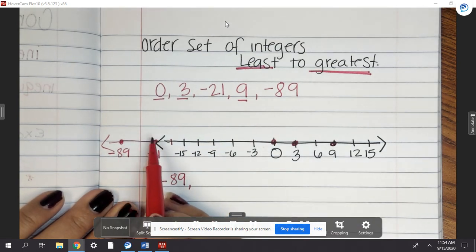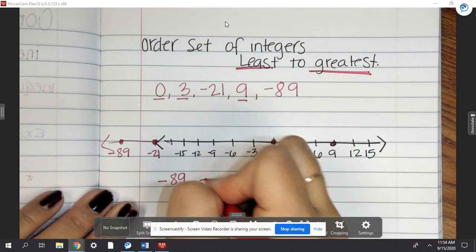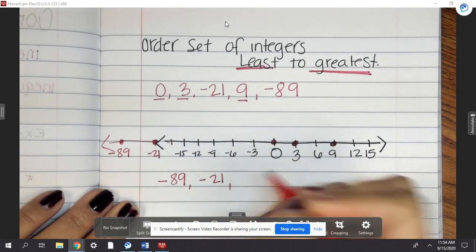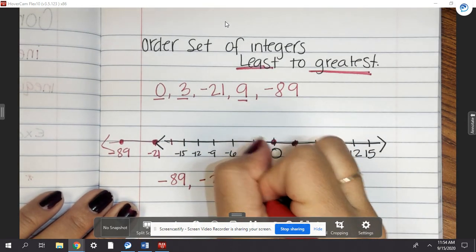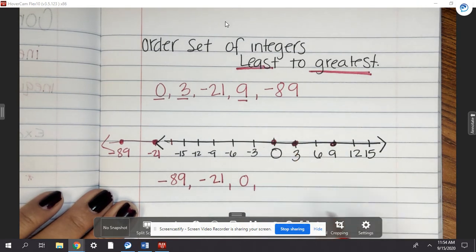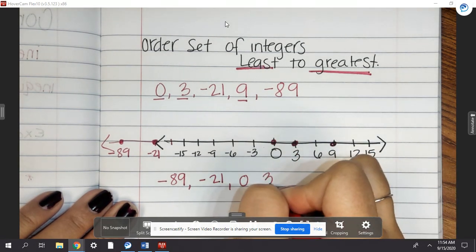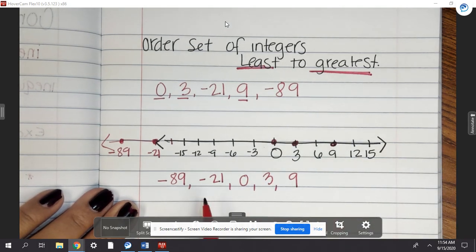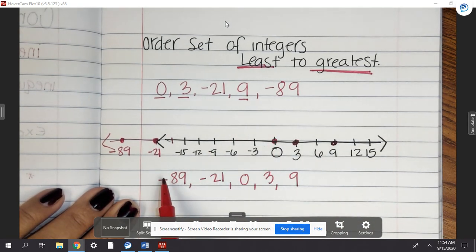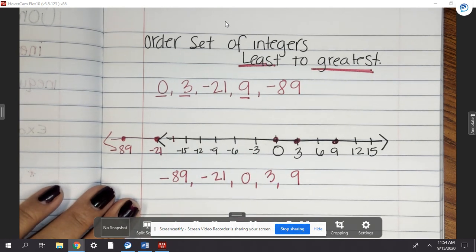Then I look at the next integer, -21. I keep going, and 0. Then I have 3. Then the largest is 9. So I just put these sets of integers from least to greatest by locating them on a number line.